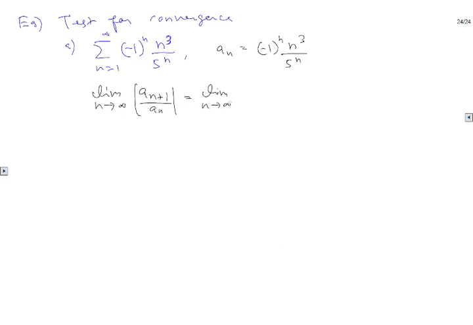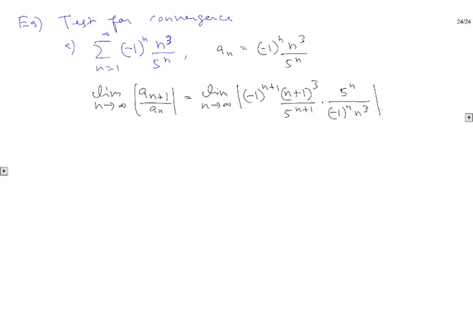So it's the limit as n goes to infinity. We have negative 1 to the n plus 1, n plus 1 cubed, you replace n by n plus 1, over 5 to the n plus 1. Now we're going to divide by an. Divide means this is a fraction, that means multiply by the upside down. That means 5 to the n goes there, negative 1 to the n goes there, and n cubed goes there.